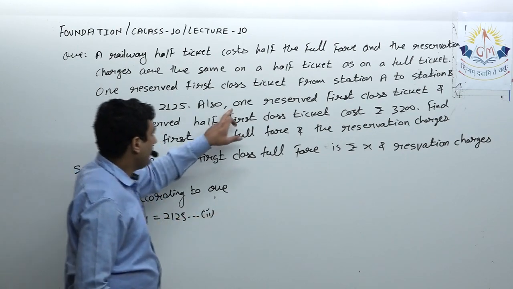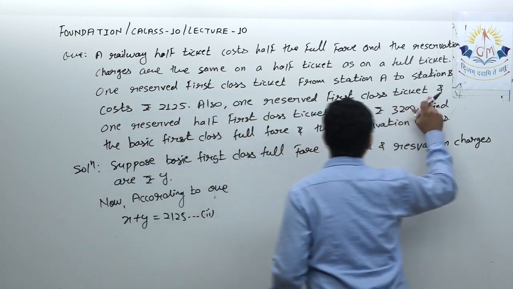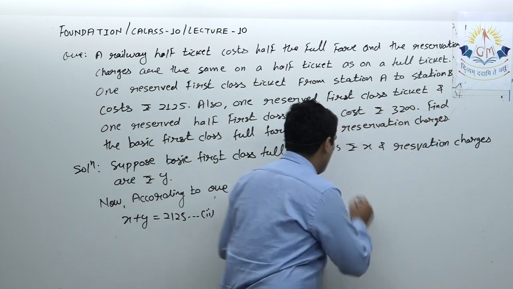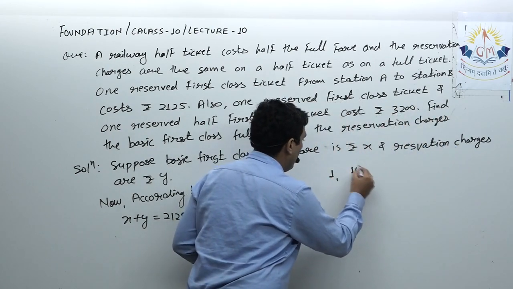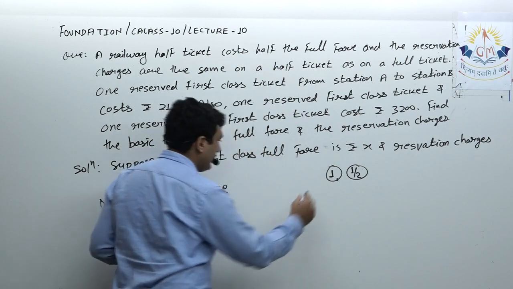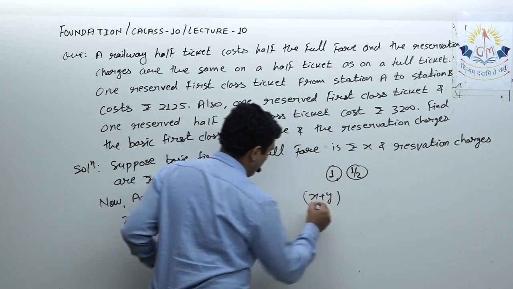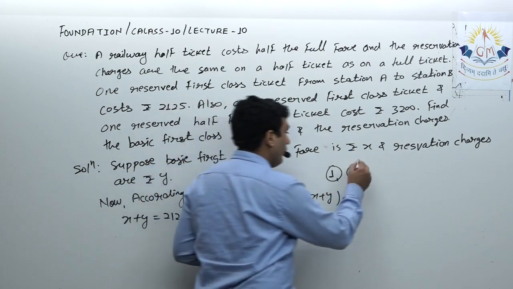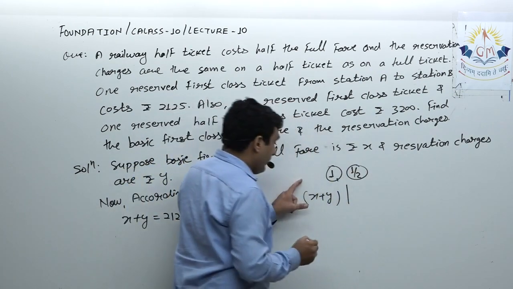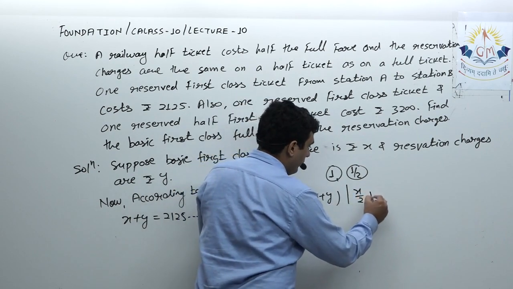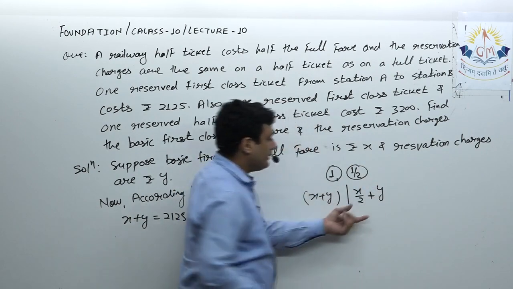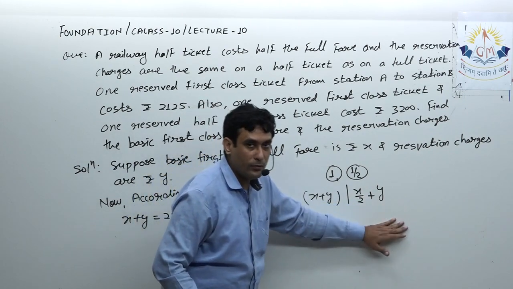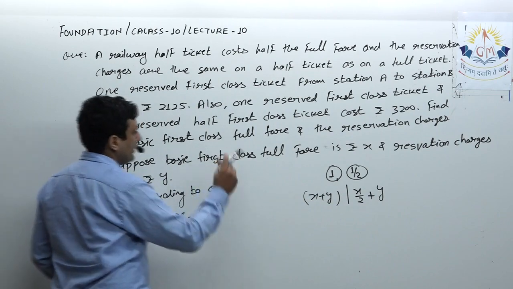Now in the second case, one reserved first class ticket and one reserved half first class ticket. That means one complete ticket and one half ticket. For the complete ticket, the cost is X plus Y because it contains base fare as well as reservation fare. For the half ticket, the base fare will be half, but the reservation charges remain the same. That means X plus Y plus X by 2 plus Y gives you the second equation.